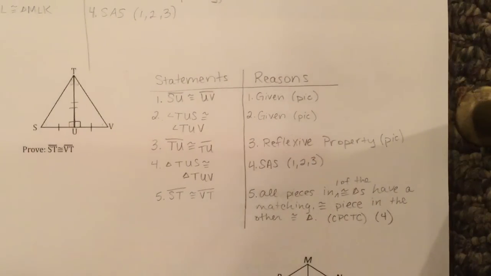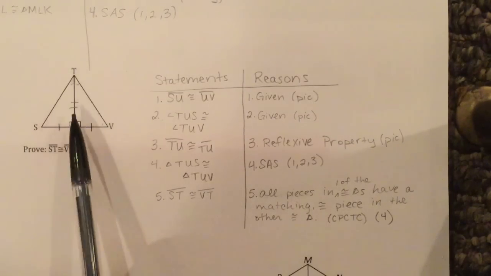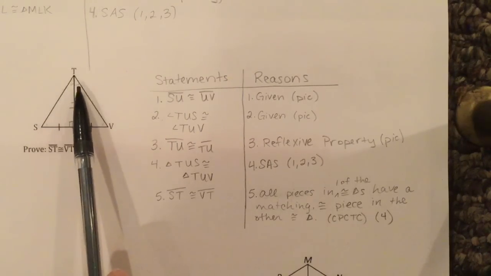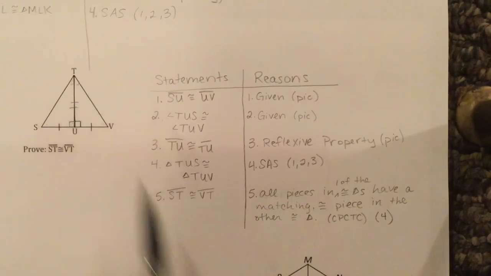I'll move this over for you. All pieces in one of the triangles that are congruent have a matching and congruent piece in the other congruent triangle. That's CPCTC: corresponding parts of congruent triangles are congruent. Corresponding parts just means the pieces that are matching in each triangle, for example, this angle and this angle.